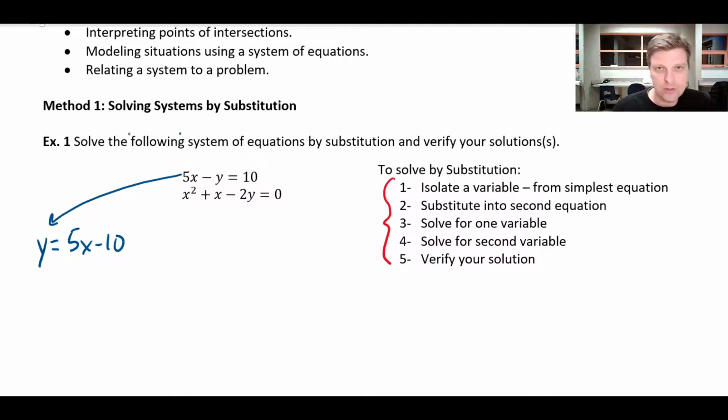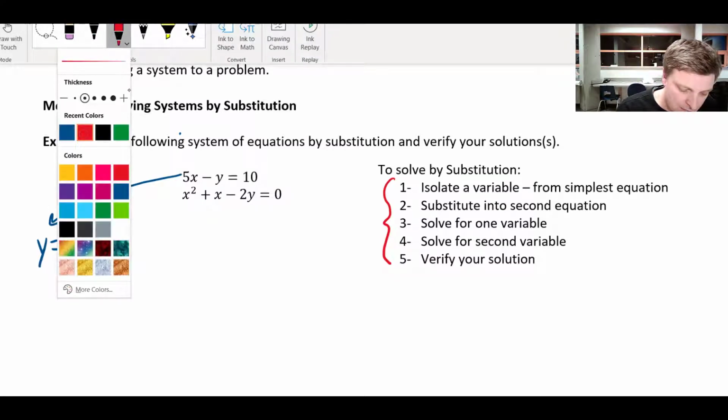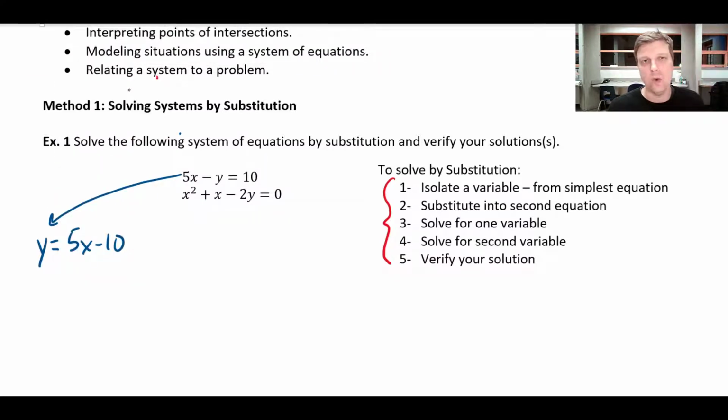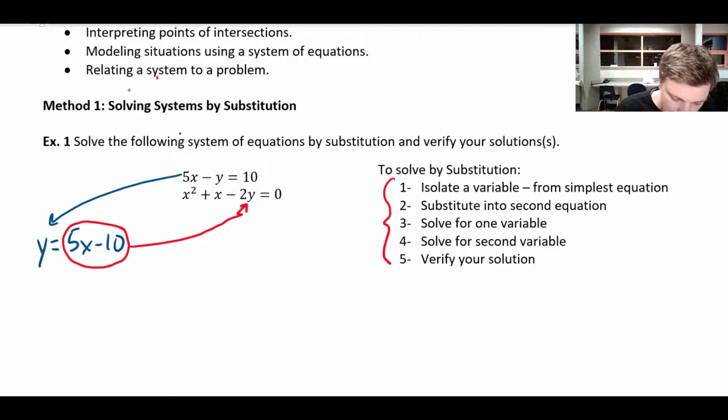If y is equal to 5x minus 10, then in this second equation, anywhere I see y, I can actually put in 5x minus 10. So I'm just going to put this into this equation anywhere that I see y.